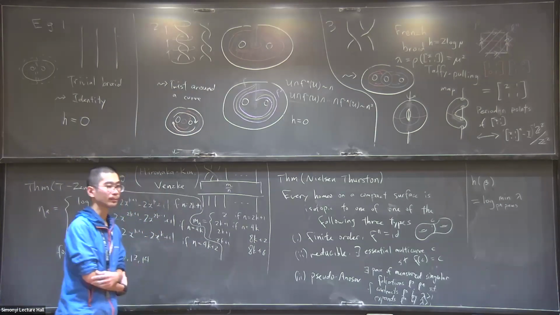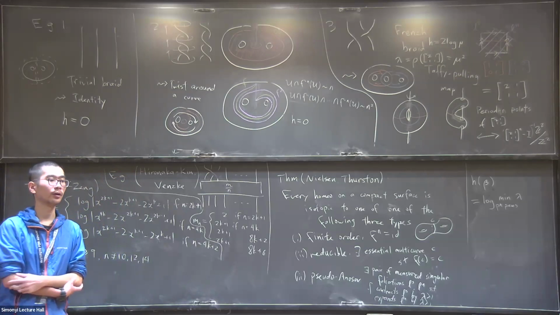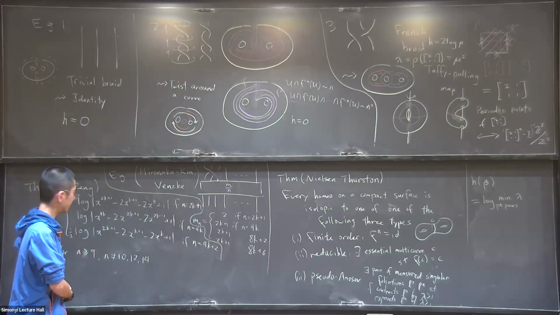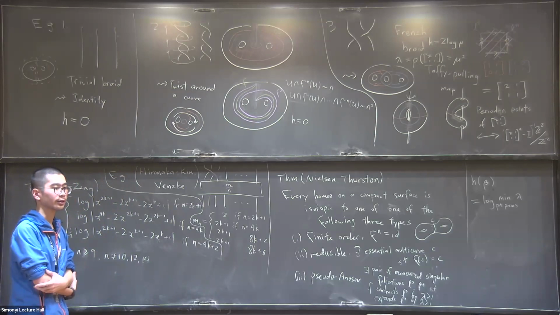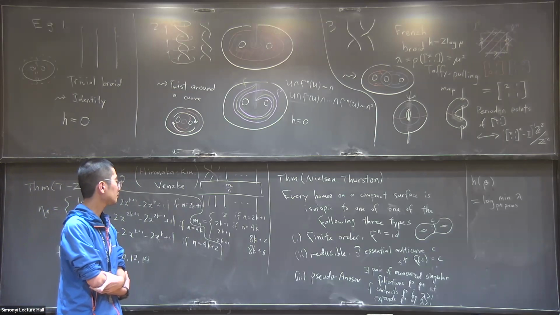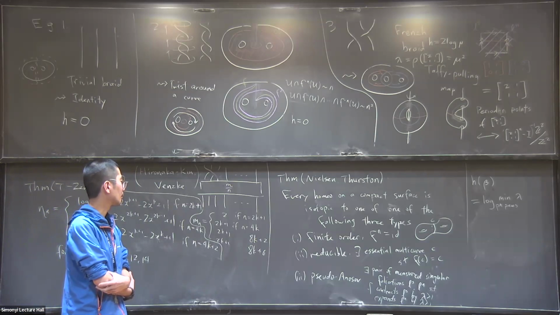Yeah, if you fix the number of strands, it's going to be discrete. But as n grows, this gets smaller and smaller, so it has to accumulate at 1. But I think that's the only accumulation.